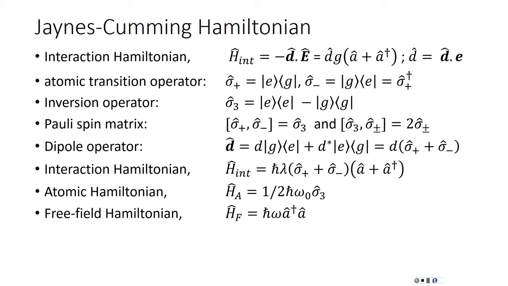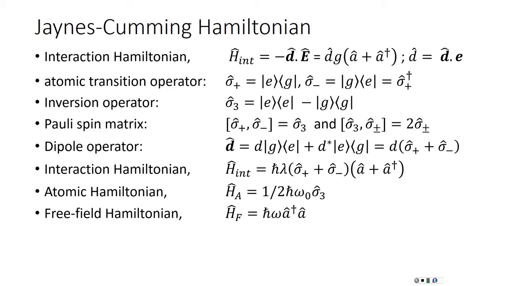The atomic transition operator is given by this, which can be compared with the Pauli spin matrix. The dipole operator D is defined by the two states, only ground state and excited state, and finally we get this.